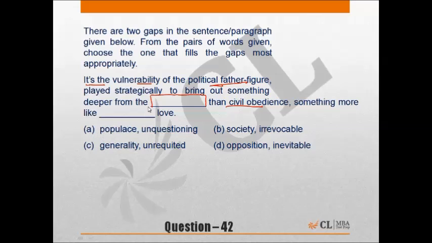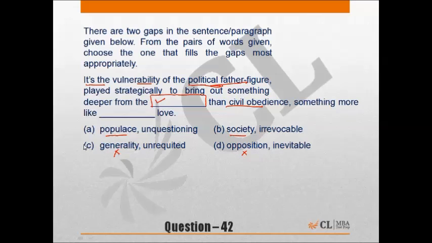Statement A, let's look at the first blank only. You bring out something deeper from the dash, from the followers, someone who's following you, is what I would be looking for. Statement A, populace, yes, possible. Society, possible. Generality, incorrect. Generality cannot be the answer. Something deeper from the opposition, no, the opposition will not bring out something like this.